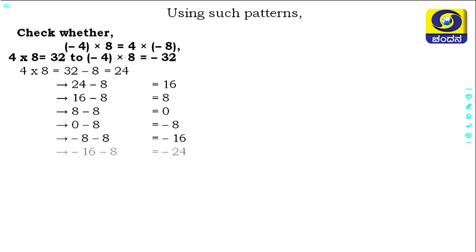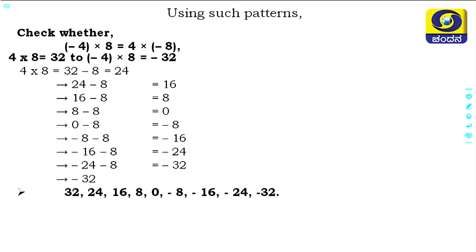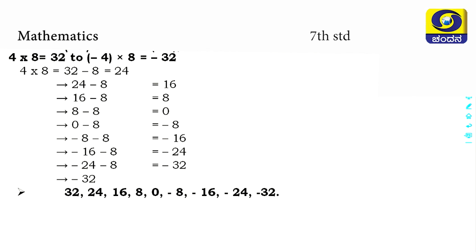Minus 16 minus 8 is minus 24. Minus 24 minus 8 is minus 32. The pattern is 32, 24, 16, 8, 0, minus 8, minus 16, minus 24, minus 32.